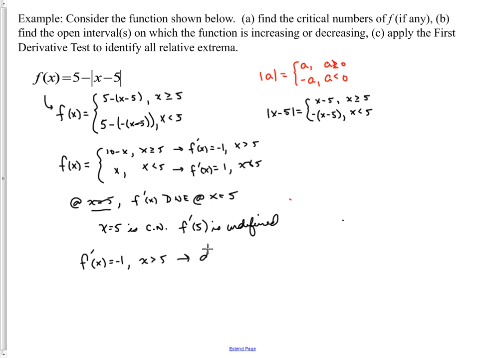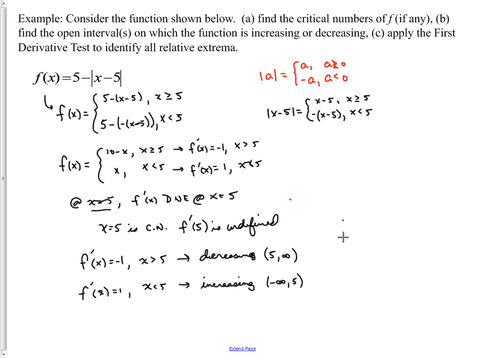That implies that the function is decreasing on the interval that goes from 5 to infinity. But f prime of x, we said, would be equal to positive 1 on an interval where x was less than 5. We would interpret this to say that the function is going to be increasing on an interval that starts at negative infinity and goes to 5, but of course doesn't include 5.